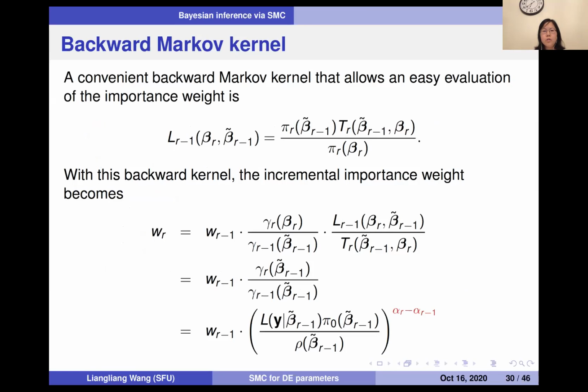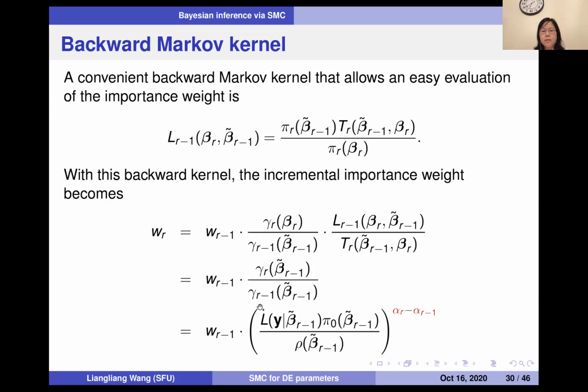So we choose to use a convenient backward Markov kernel so that it can simplify the weight update. This is the backward kernel that has been used a lot in literature, and it's also our choice. Using this backward kernel, we can simplify the weight update to this form.